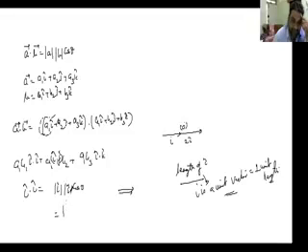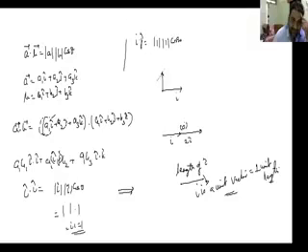Okay, let's come to the next point. Question: if a dot b equals 0 for two non-zero vectors a and b, then A, vectors are mutually perpendicular.